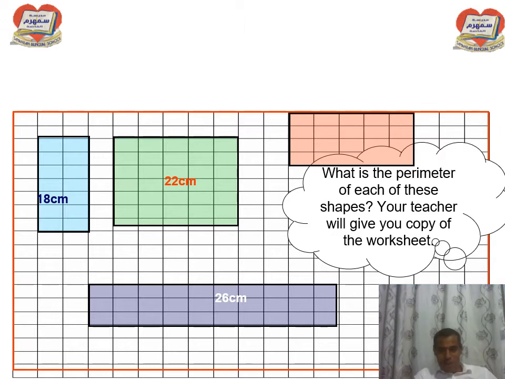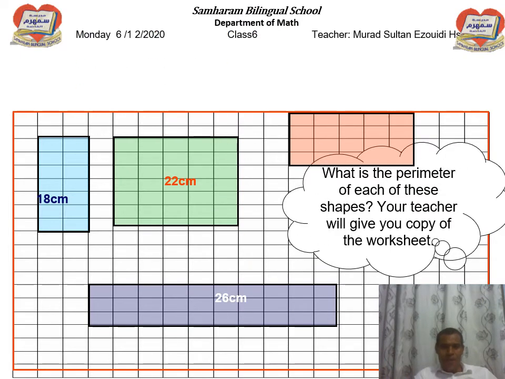So let's do it. This is 5. 5 plus 5 is 10. 10 plus 4 is 14. Plus 4 is 18. So this rectangle and this rectangle have the same perimeter.